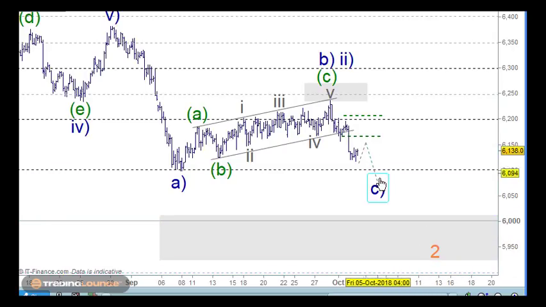So these 5 waves here maybe just like wave 1, and we come back for wave 2, 50-60% mark, and then go down for wave 3 and 4 and 5. So that's all possible. And of course the banking sector would take us down into that space.